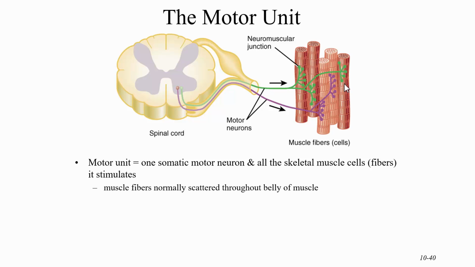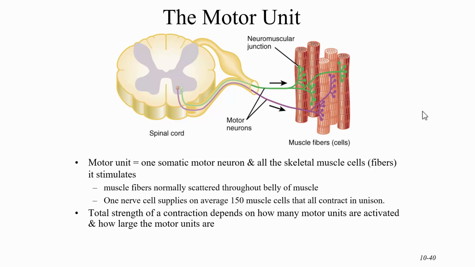Now, muscle fibers are normally scattered throughout the belly of the muscle. One nerve cell supplies on average 150 muscle cells that all contract in unison. The total strength of a contraction depends on how many motor units are activated and how large the motor units are. Like walking, for instance, you're going to use many large motor units.